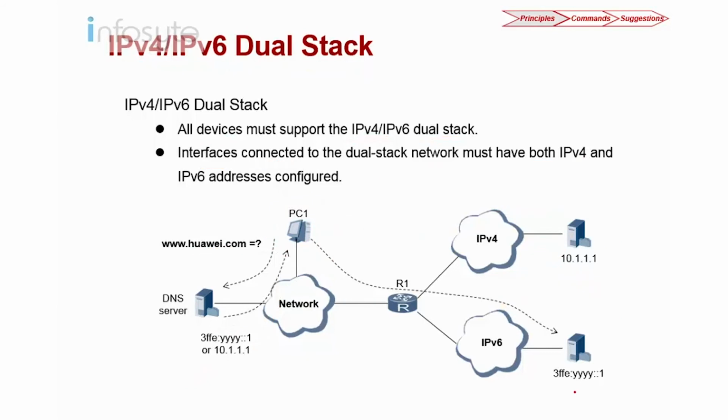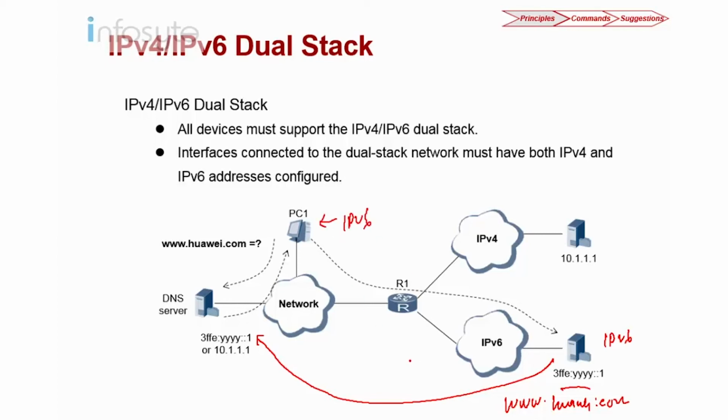Now subsequently I have another PC. This PC is purely IPv6. So again, this PC is pointing to this DNS server. Now when I ask for Huawei.com, I expect that I will get a reply for this PC using IPv6.